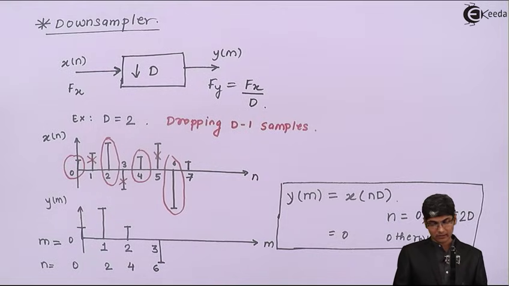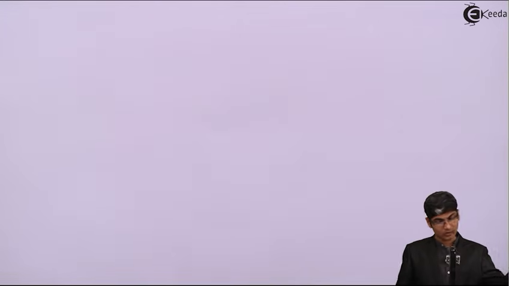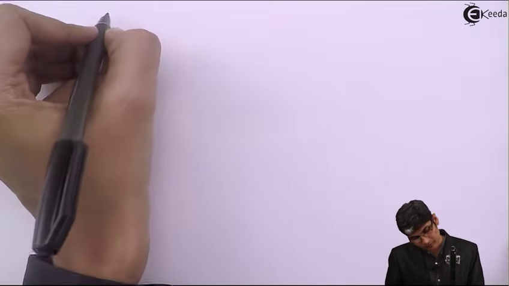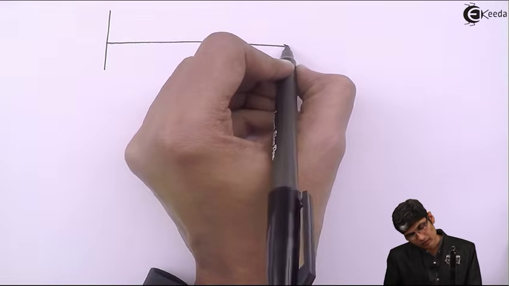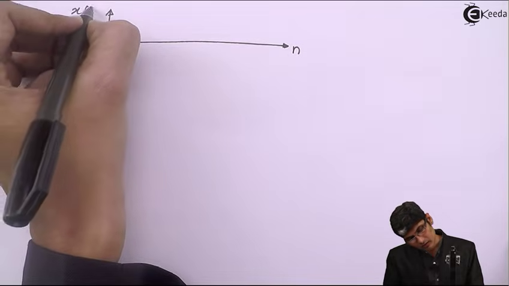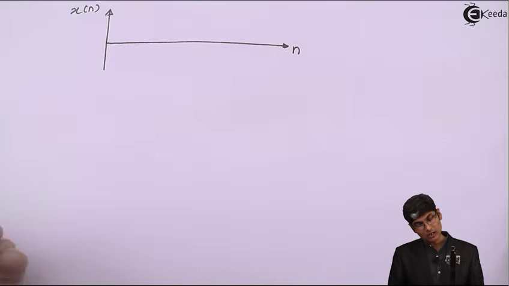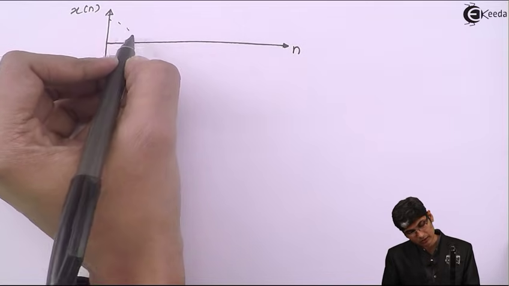Okay, so let us understand how to do this. So I take my x of n, and let's say this time we will use a cosinusoidal waveform.